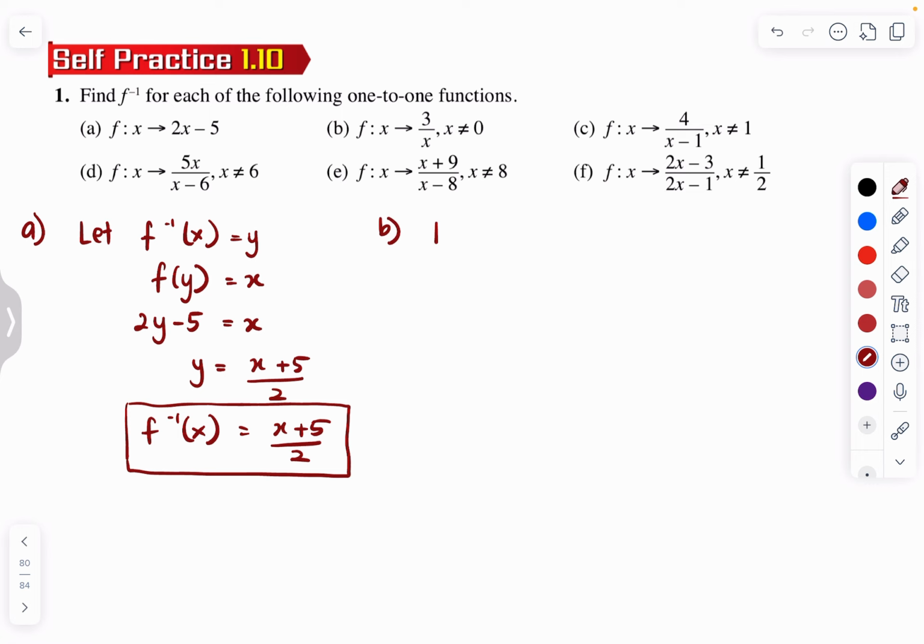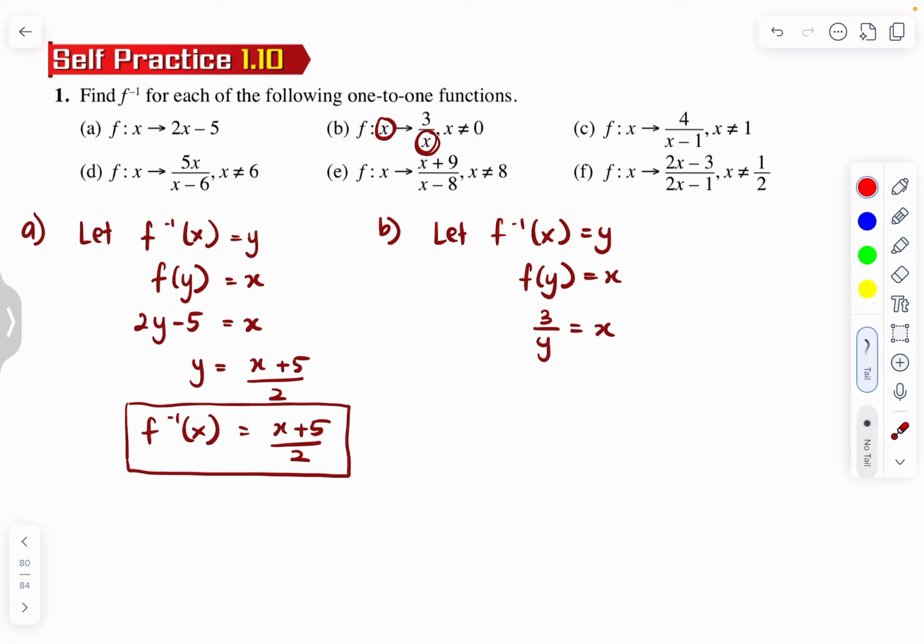So same thing. We let f inverse x equal to y. Then f of y equals x. So if f of x is 3 over x, f of y would be 3 over y. So 3 over y equals x. If you want to make y the subject, we swap these two. So we'll get y is 3 over x.